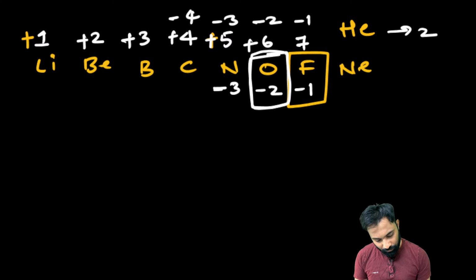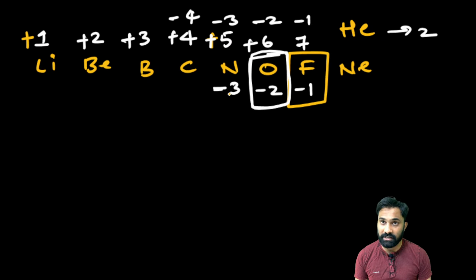Now group 1 metals' oxidation number is +1, group 2 metals' is +2. Next, group 3 elements is +3. Group 4 elements is +4 and -4. Group 5 is +5 and -3.